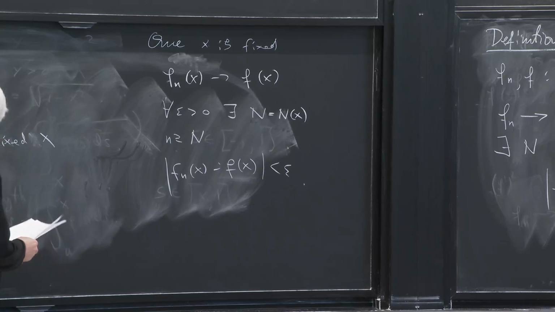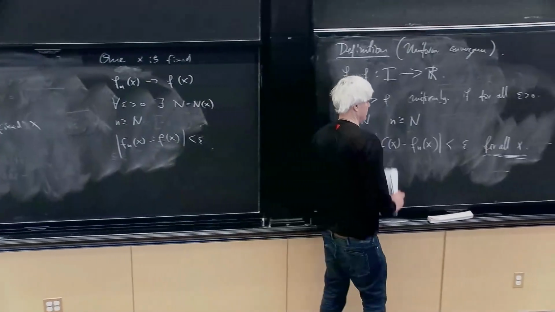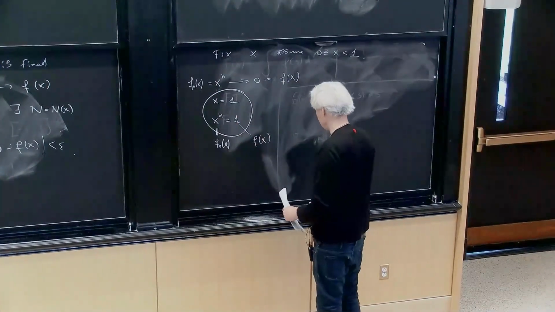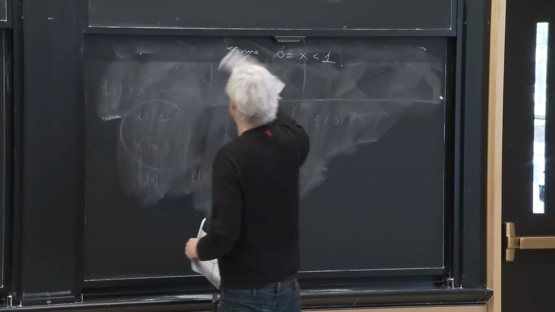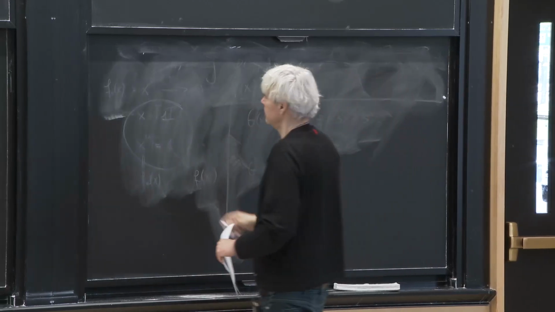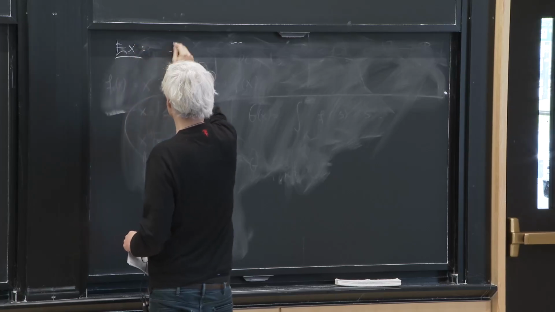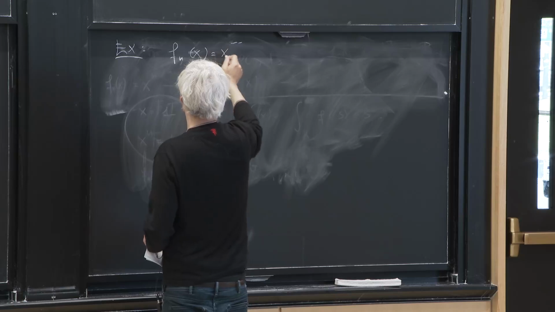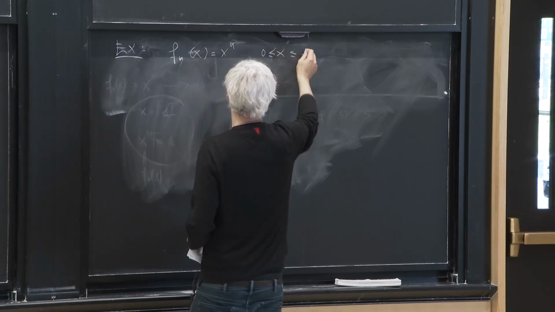Okay, so now let's look at the examples. Unfortunately, I erased the most important one, so I will just go through it again. Let me talk about the example again, and then we'll see why this example does not converge uniformly. We had this example from before, where the sequence of functions was fn of x equals x to the n, and x here was between 0 and 1.